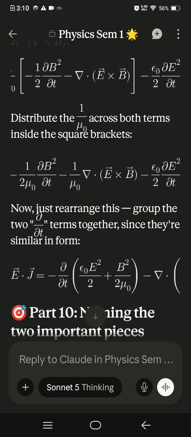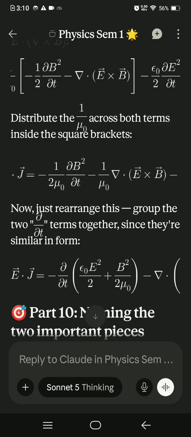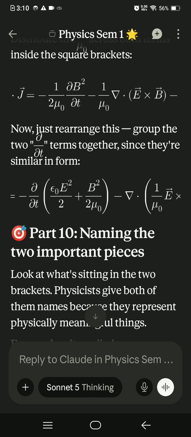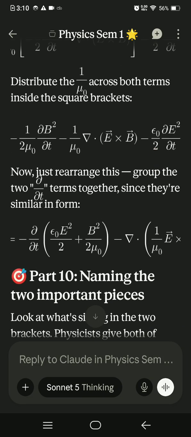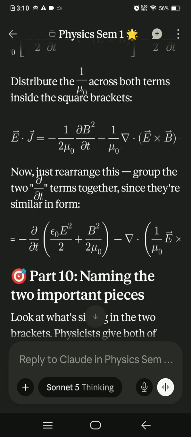So now just rearrange this, and group the two d upon dt terms together. So this term and this term, we are going to take out d upon dt, since they are similar in form. So negative of d by dt, common to both, we take it outside. So now we have epsilon naught half E squared and half mu naught B squared.